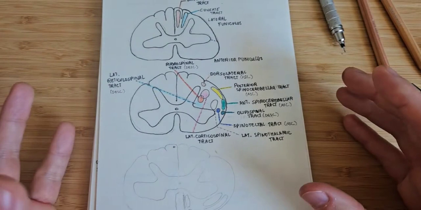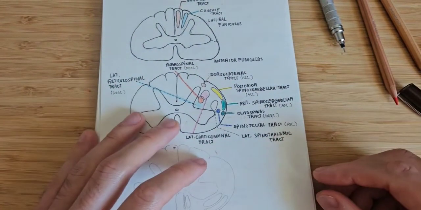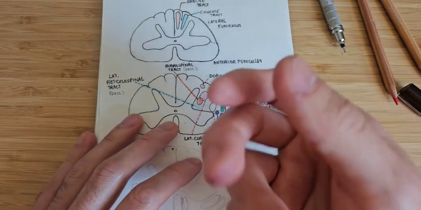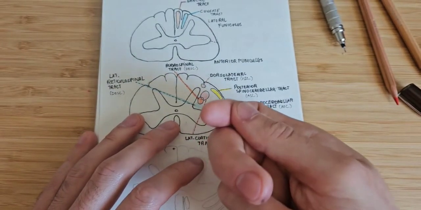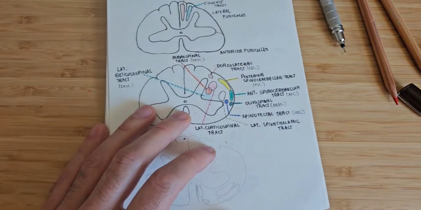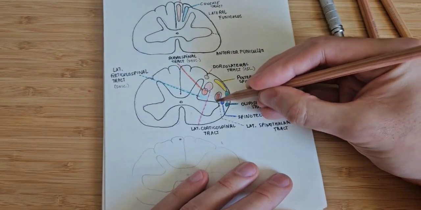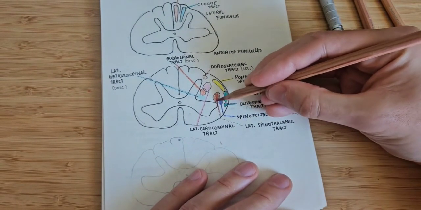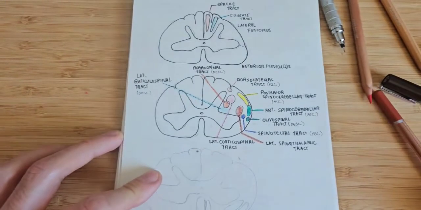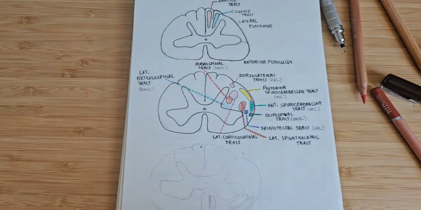Let's say that this tract is affected by spinal cord compression or trauma. What can happen in this situation is that the patient might present altered pain perception and also loss of temperature sensation. Let me just finish this part here. And this one, as I mentioned, is ascending.